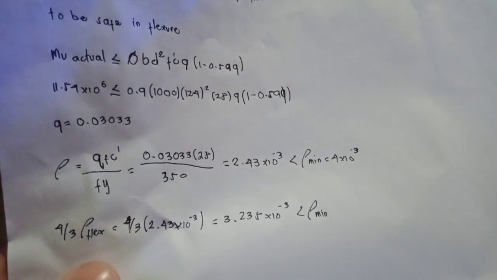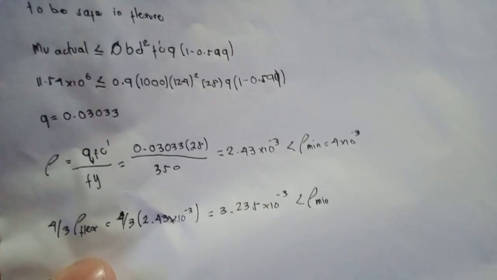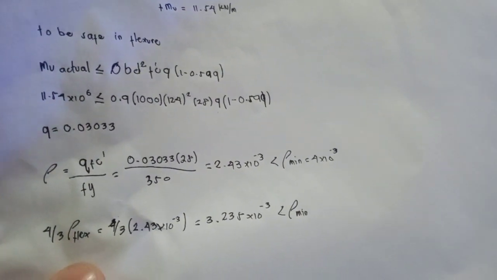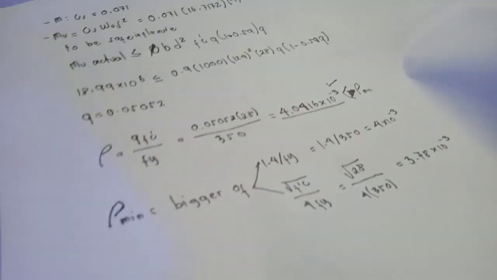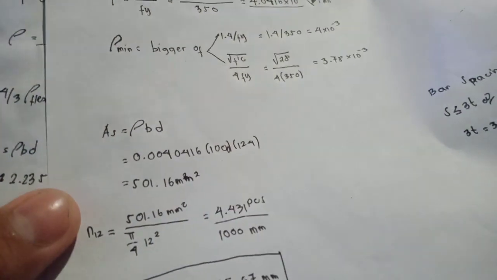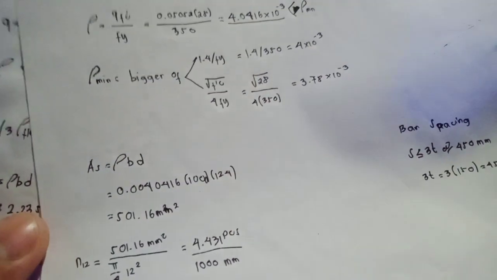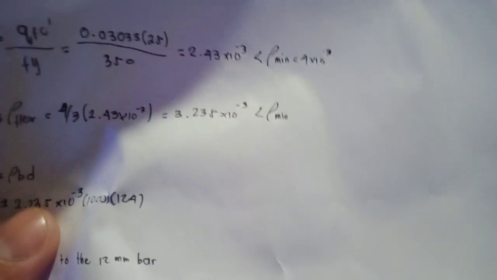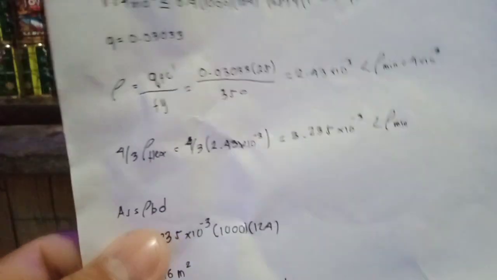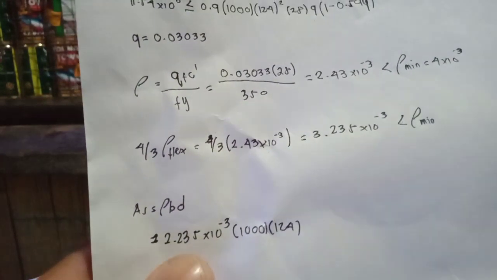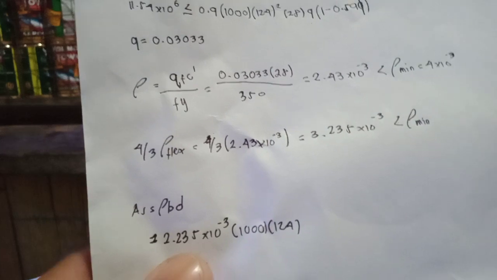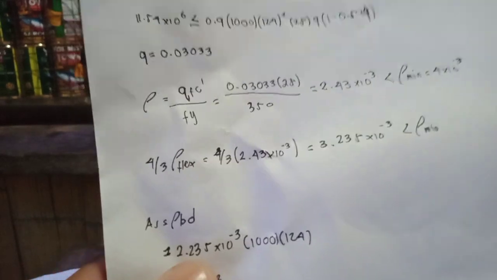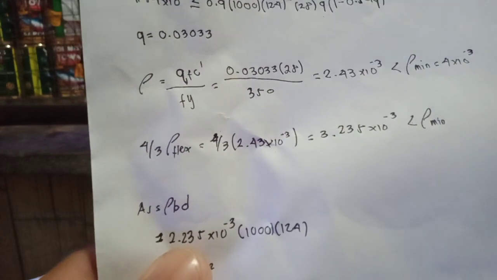Our rho flexure is less than our rho min. Our rho min here is equal to 3.78 times 10 negative 3, and our rho is less than rho min because our rho min is 4 times 10 raised to negative 3.